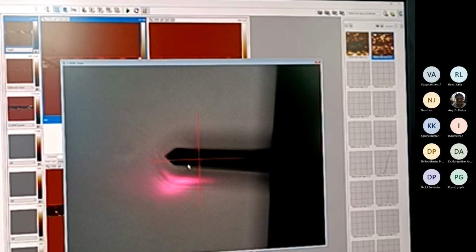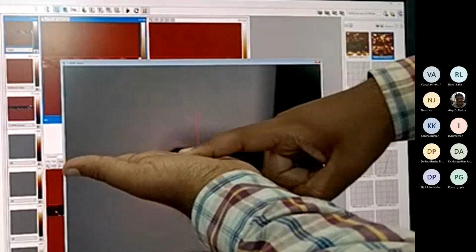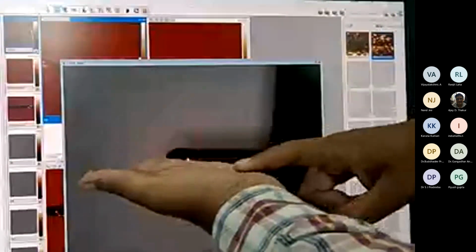Normally we use silicon, and this is a conducting cantilever made of silicon, and it is platinum coated. So here we will take IV also. While touching the samples, we can at the same time take the current mapping also.